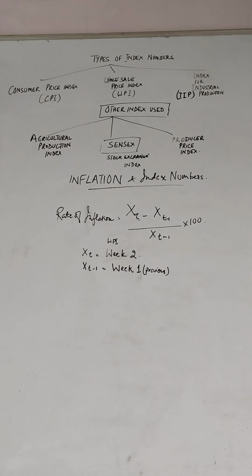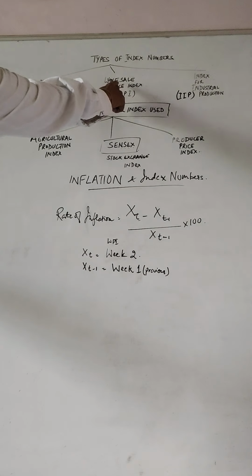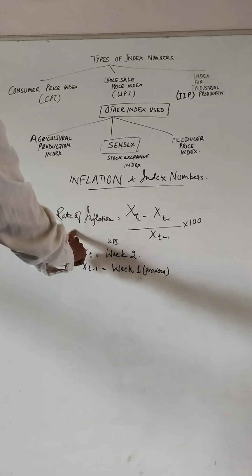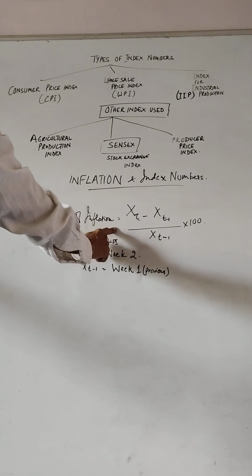The wholesale price index is used to eliminate the effect of changes in price on aggregates such as national income and capital formation. And basically, as I said, the wholesale price index is used to measure the rate of inflation, right?